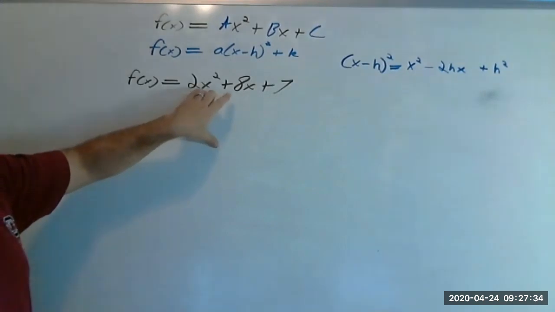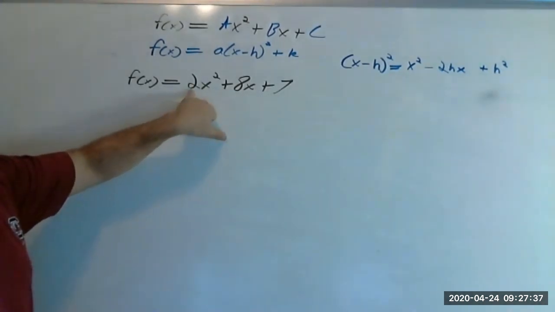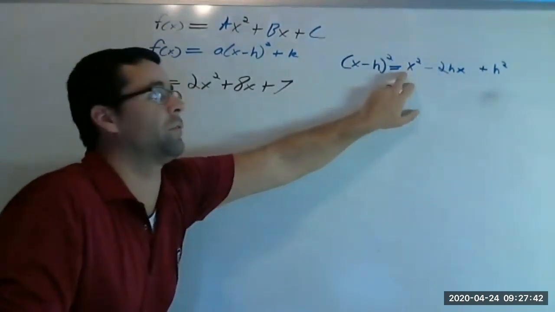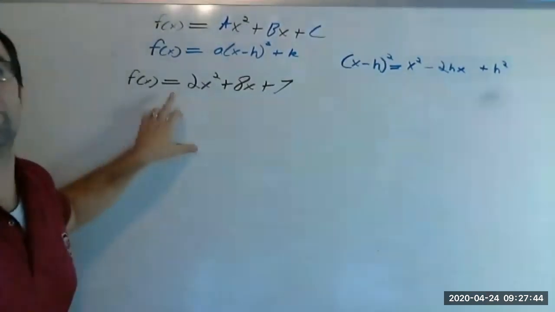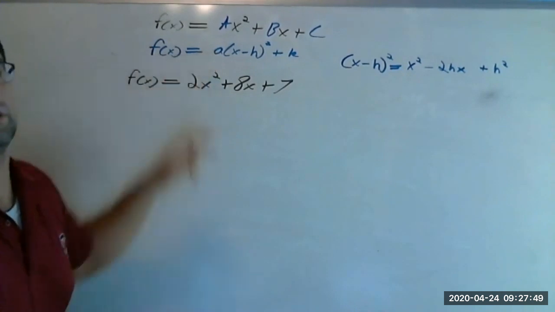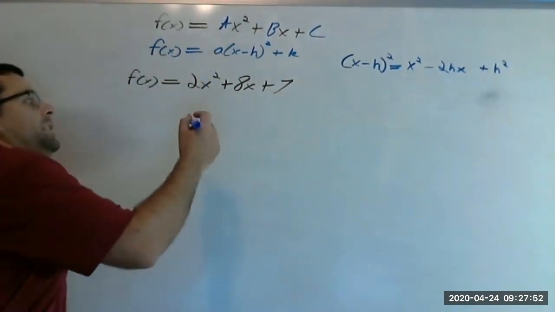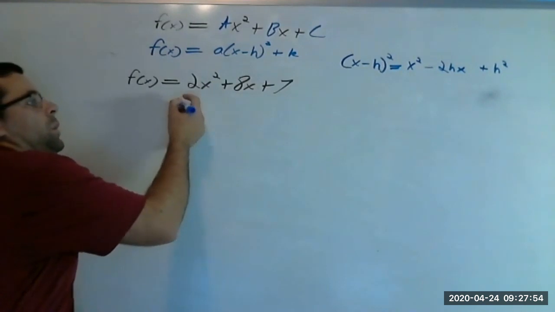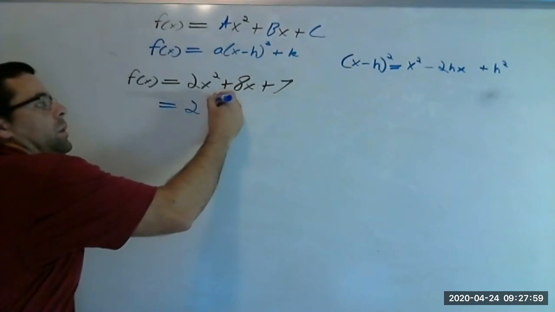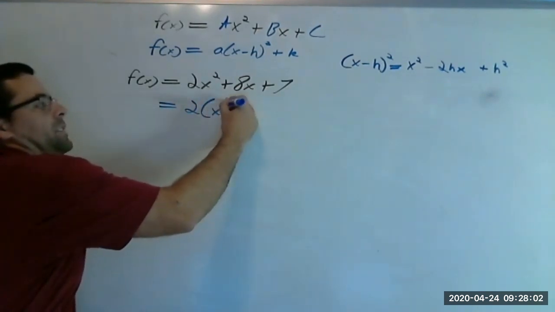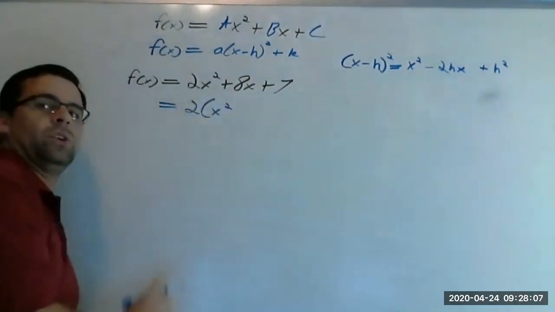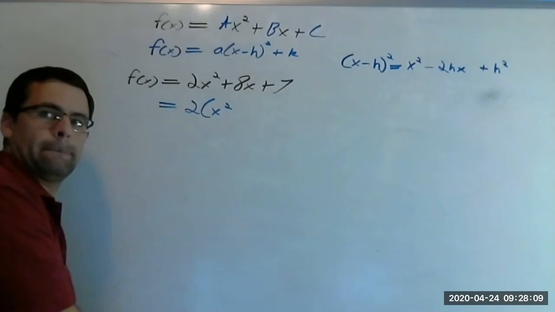You want to take the 2 out of the x squared, because there's no number in front over here. So this number is going to be the number that comes out front, period. Even if it's negative or positive, doesn't matter. So we want to turn this into 2 times x squared. What happens if you take the 2 out of the 8? What do you get?